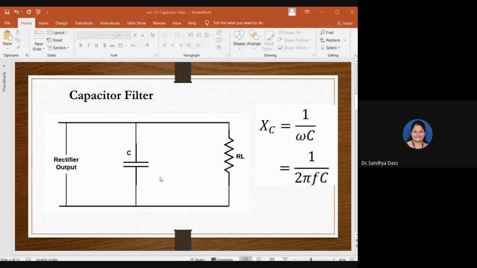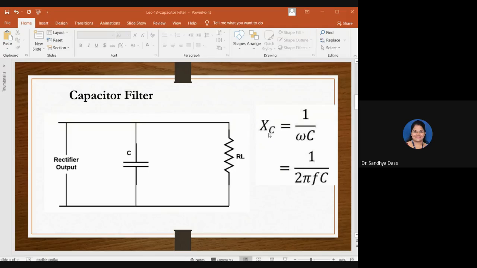As I was mentioning, the capacitor does not permit DC to flow through it. If you look at this reactance equation, the higher the value of capacitance, the less the reactance will be.